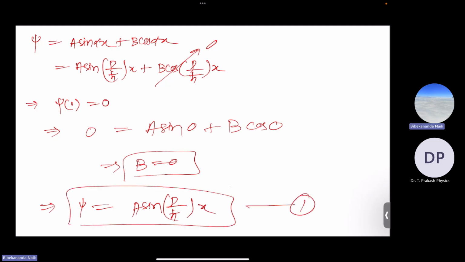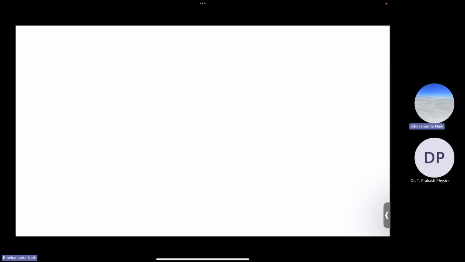So this is the wave function. But here in the question it says the wave function of the particle is normalized in a length L. Normalized in a length L means integration 0 to L psi star psi equals 1. This is called the normalization equation.